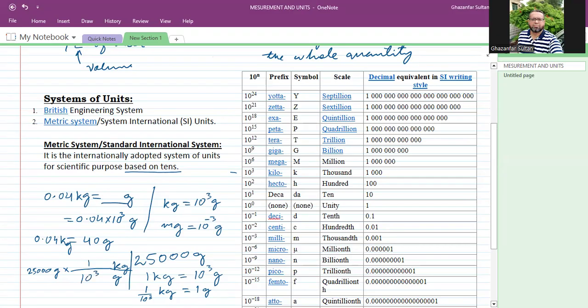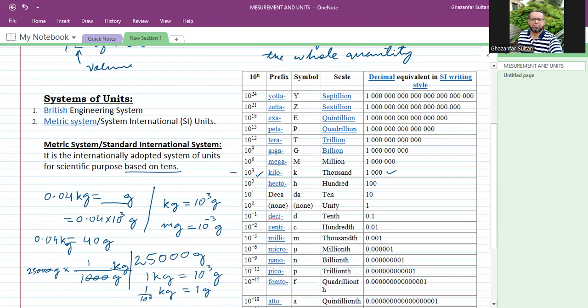So you know these 3 zeros are also equal to 1,000. So you can write whether 10 raised to power 3 or the 1,000 completely. You can see here 10 raised to power 3 is equal to 1,000. So from these 3 zeros have been cancelled.